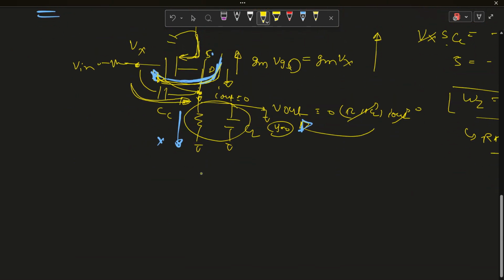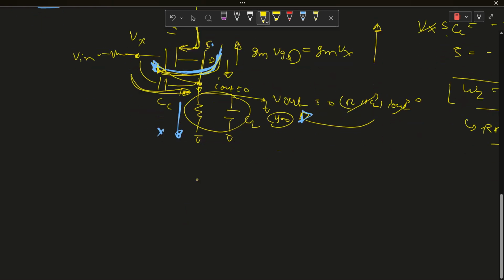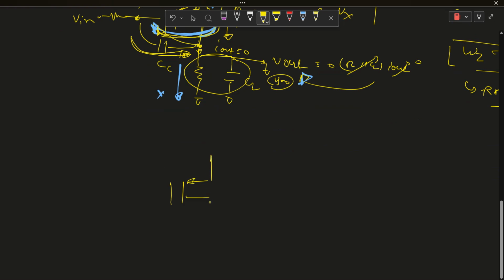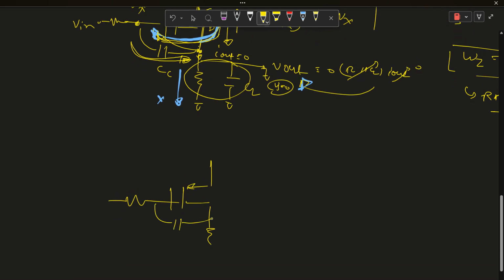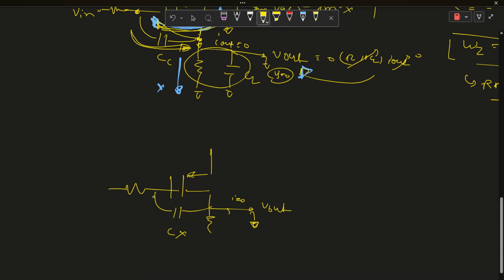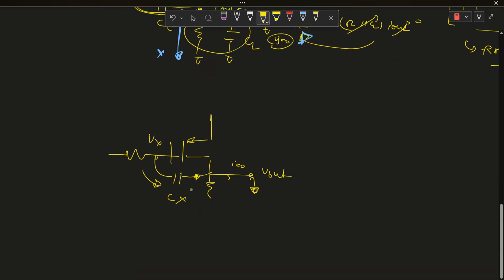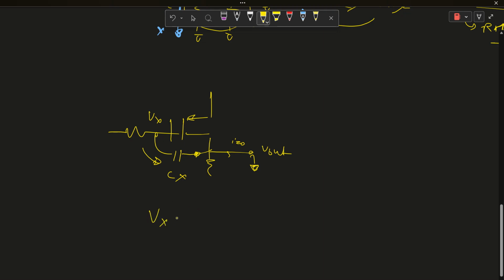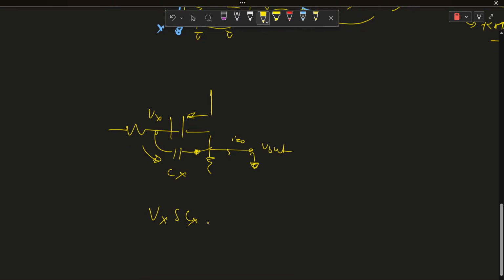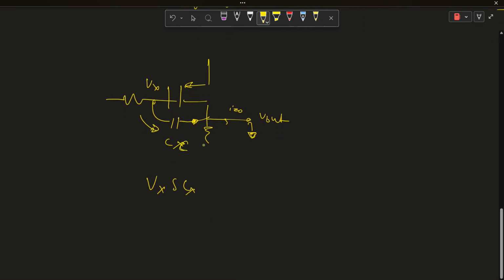Let me explain this again. This is our MOSFET, and this is our capacitor Cc. We have to make this current I out zero, so our V out will become zero. There is one current flowing in this direction, as in KCL terms. This current is Vx S Cc.